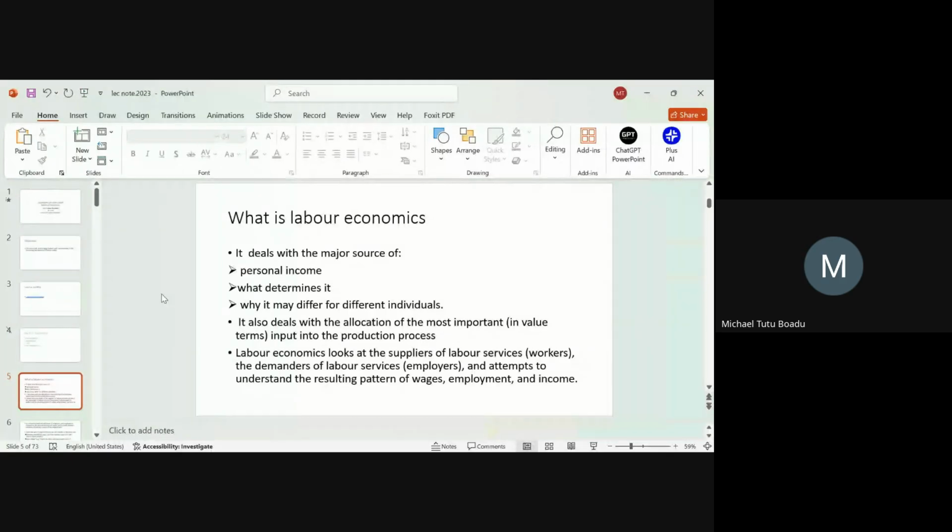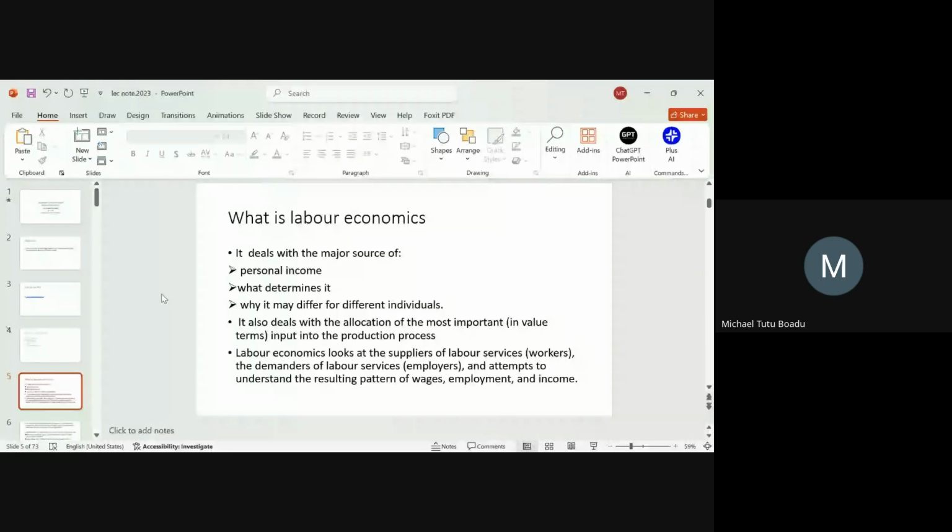It also deals with how we allocate the most important inputs. What are the inputs? You and I are the inputs, as well as any other factors relevant for production.